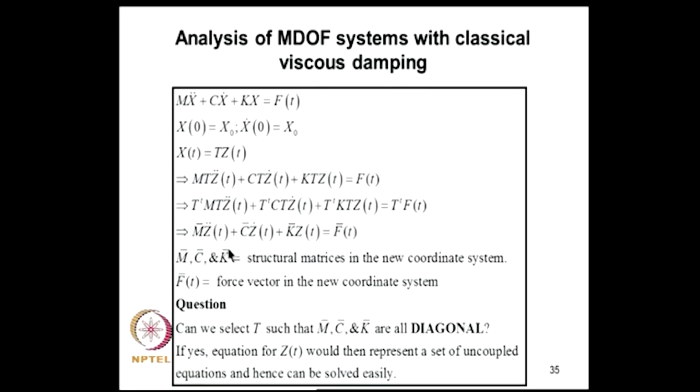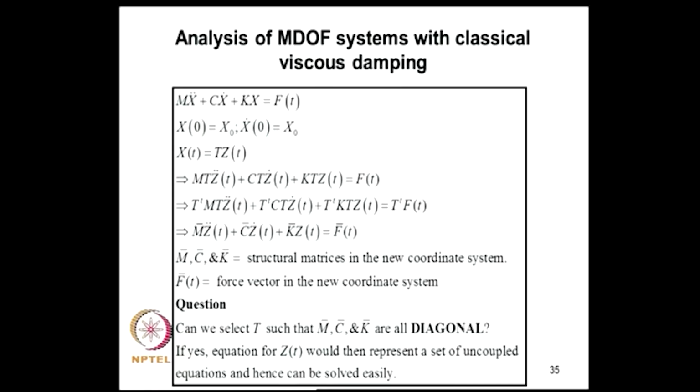If we can select a T so that M bar, C bar and K bar become diagonal, that would mean as a consequence of this transformation we would have uncoupled the governing equations of motion. So, if we can find that transformation, it will simplify our solution procedure enormously.